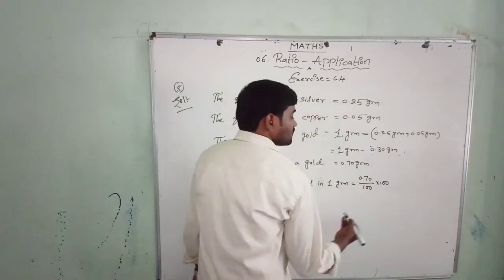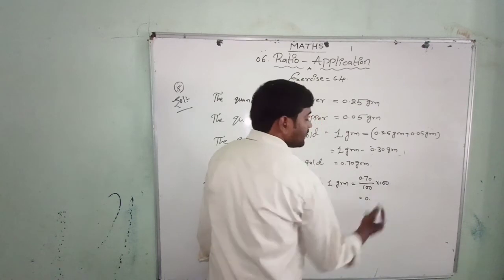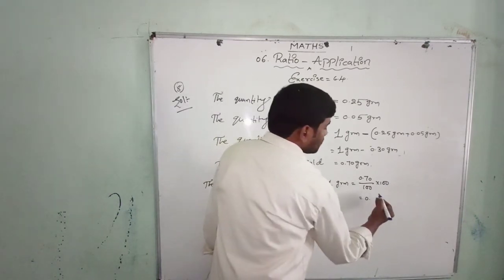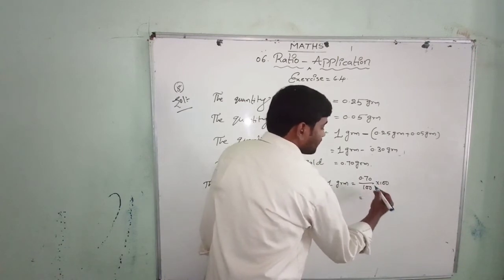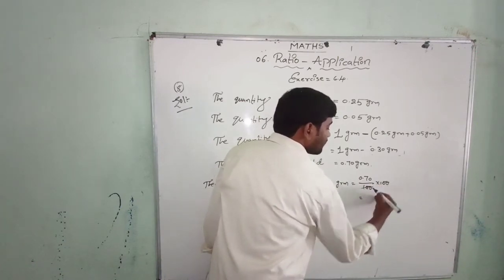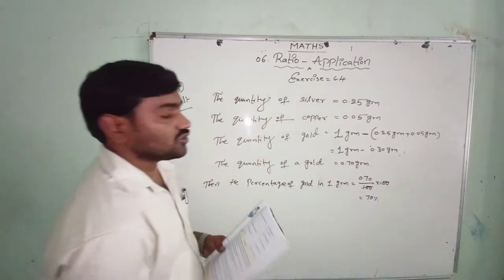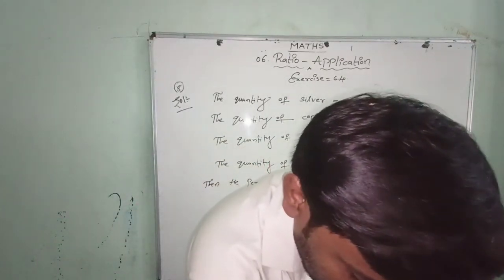So we get here 0.70 and 100. 0.70 is nothing but 70%.